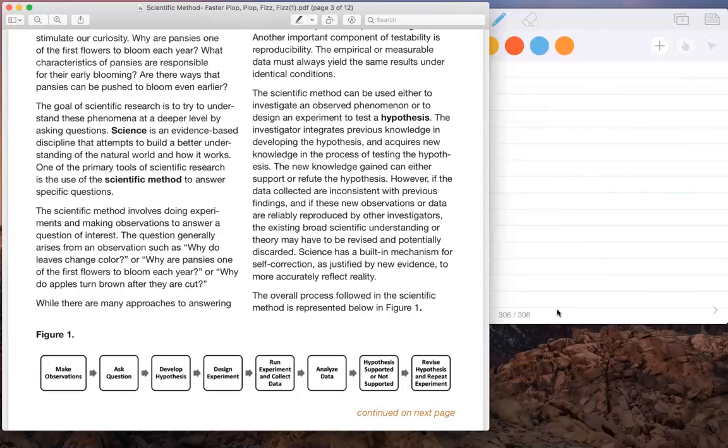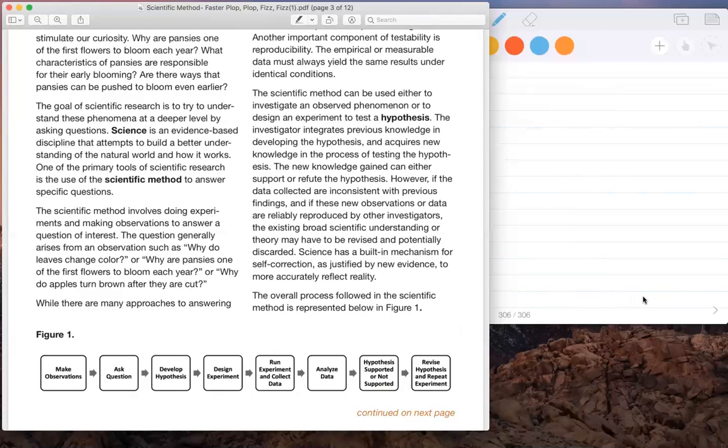For example, the law of mass conservation: you measure the mass of reagents before a reaction and the mass of the product after the reaction. All of that has to do with using the scientific method to develop that law.